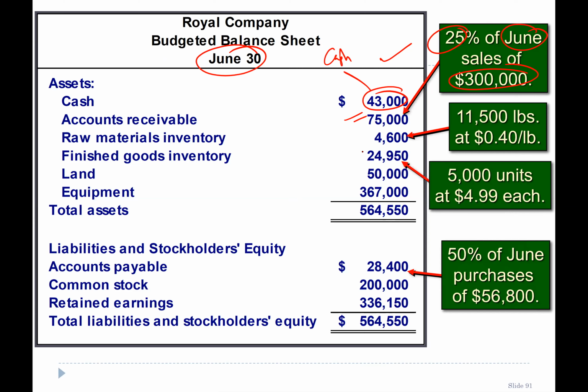Raw material inventory, similarly, I think 20% or 10% of the raw material for the next month we need to have as ending inventory, if you recall our previous lecture, and that would be 11,500 pounds. In value, you multiply by 0.4 per pound, and the answer would be 4,600. Finished goods inventory, we have 5,000 units, and our per unit cost is 4.99, right?